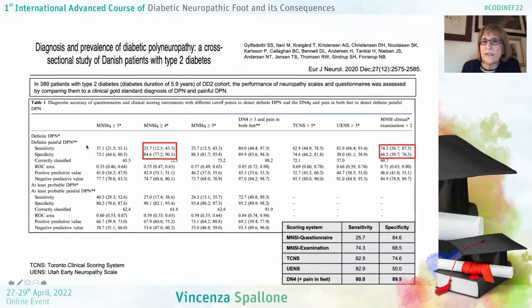This low sensitivity of the MNSI questionnaire is also confirmed by a study from Denmark, where the sensitivity was around 26%, but with a good specificity. And I'd like to notice that DN4 plus pain in the feet has a good sensitivity and specificity for painful neuropathy.